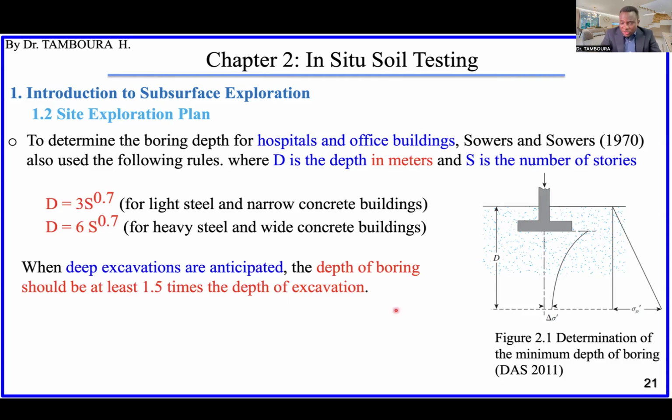It means that if you are going to build an underground structure, for example, and the depth of the excavation for the underground is fixed already, then just do your boring 1.5 times the depth of excavation.